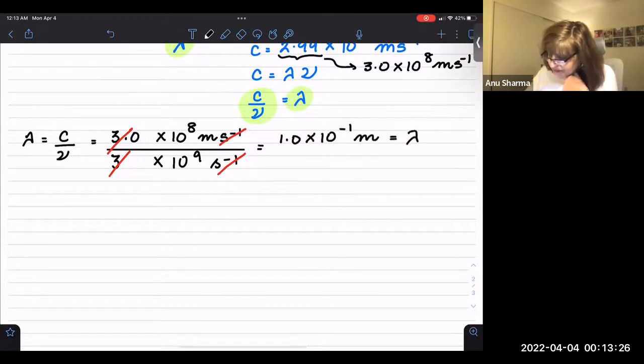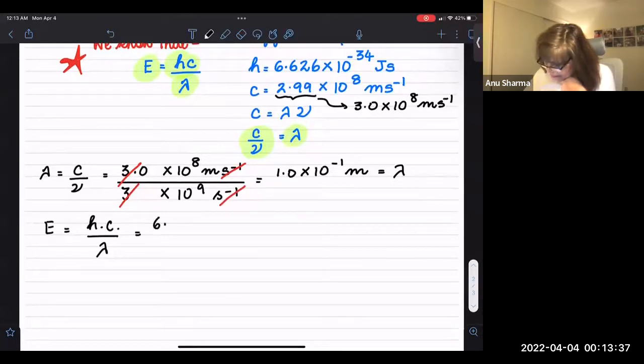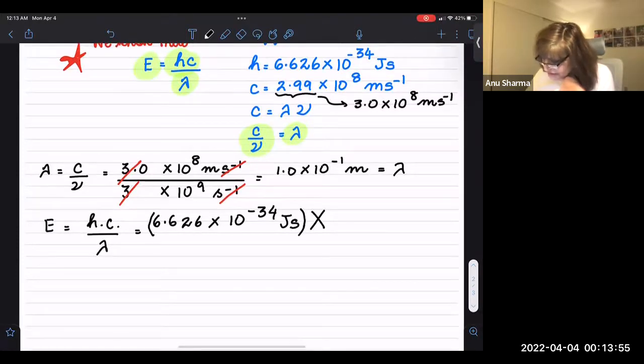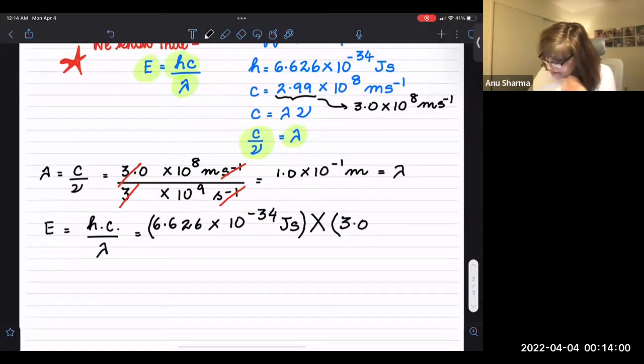This is the wavelength. Next, we are going to substitute this into hc over lambda. So the value of h is 6.626 into 10 to the power -34 joules seconds, multiplied by the speed of light, which we put as 3.0 into 10 to the power 8 meters per second.